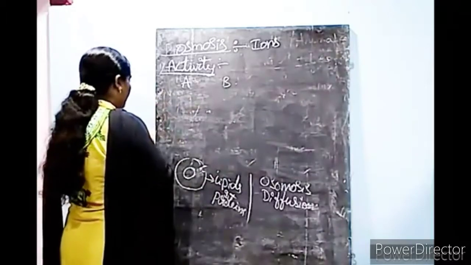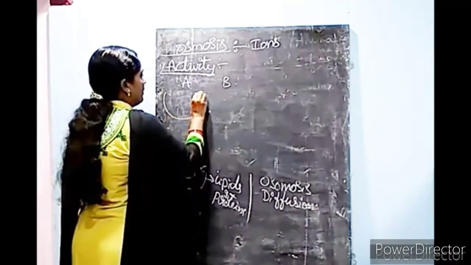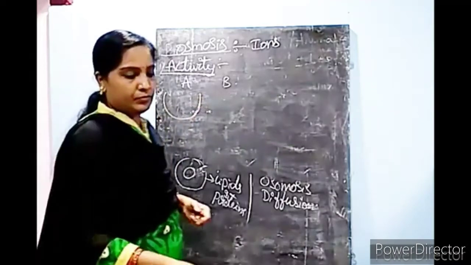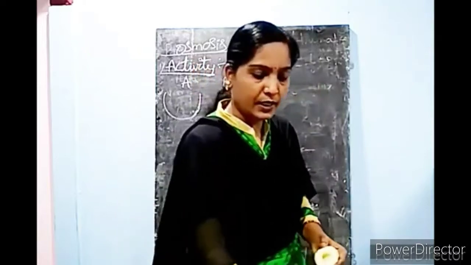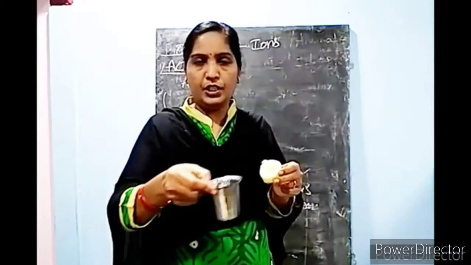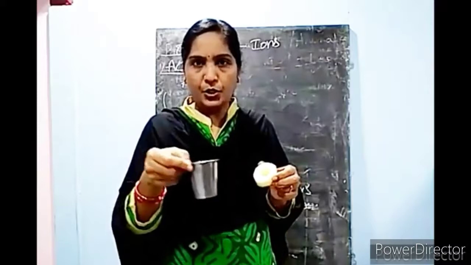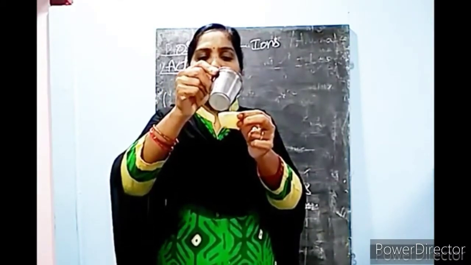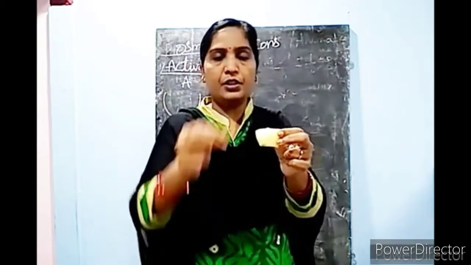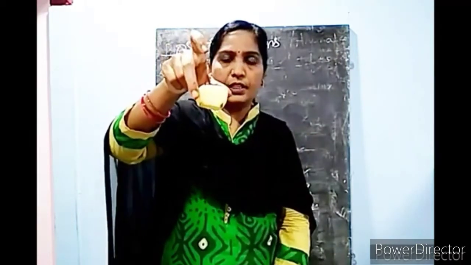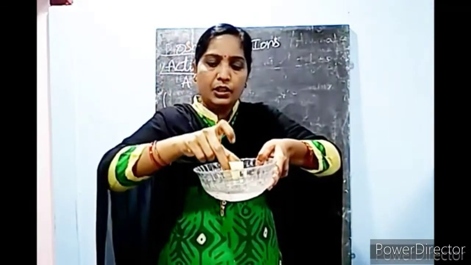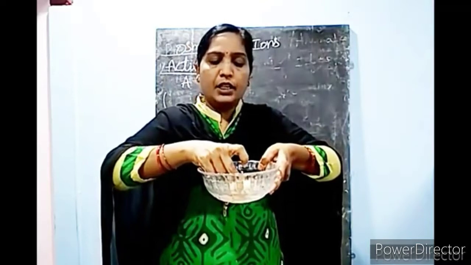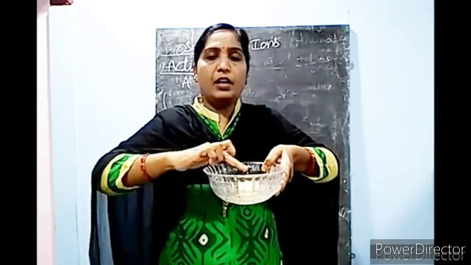So what we are going to do now: in potato A, you take some salt solution, which I have already prepared and kept ready. Inside this potato dish, you take some salt solution and you arrange this in a bowl which is half filled with water. The water should not come to the upper level of the potato.